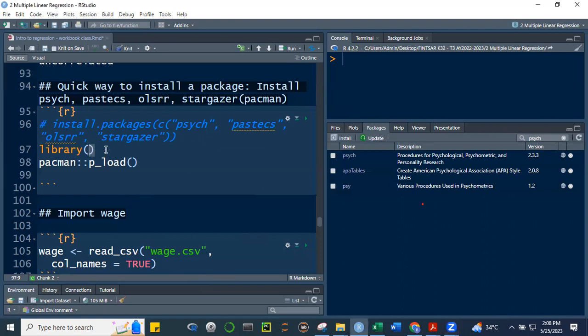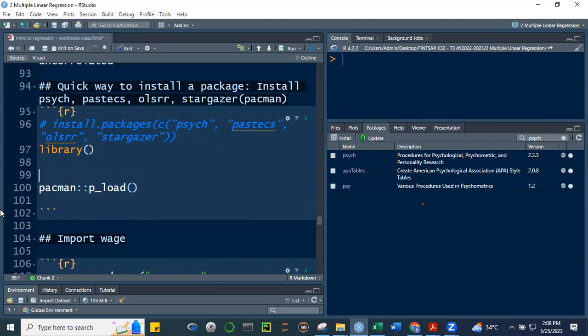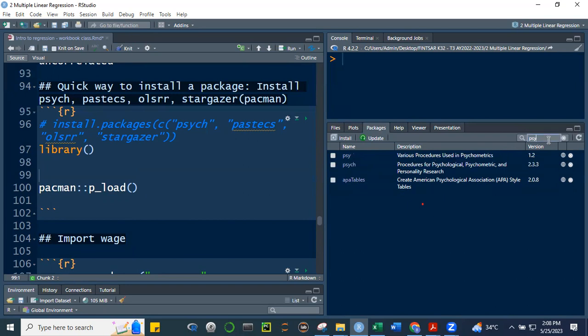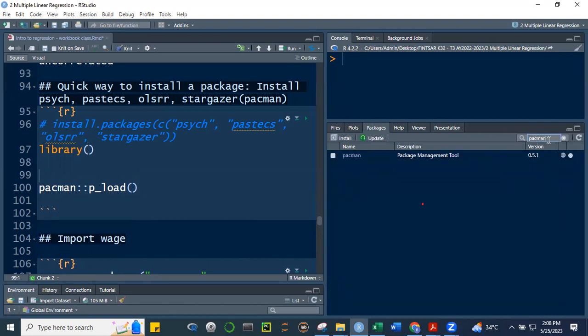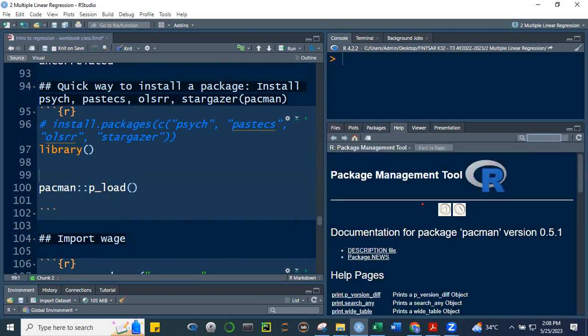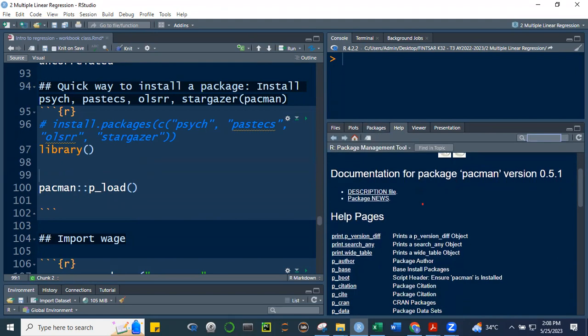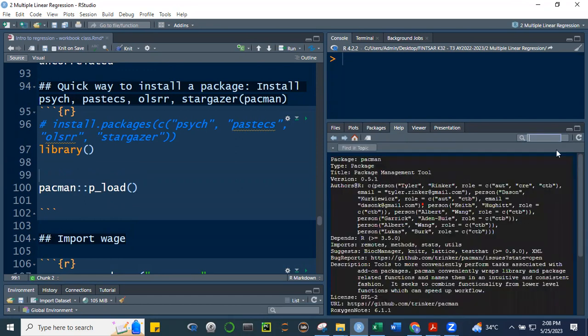Okay, so another way to do this, class, is using the pacman package. So, sige, tingnan natin si pacman. You may wish to install pacman, so go here and then install pacman. I will not anymore kasi na-install ko na siya. Okay, pacman, access ko siya. I'll click this package management tool. Kunin natin description.